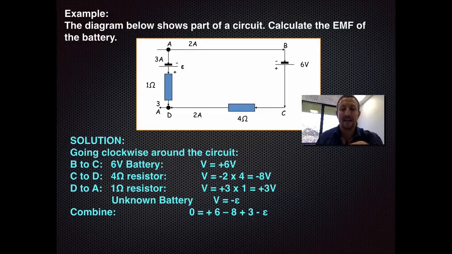I write down exactly what I've got. From B to C, I've got positive 6. From C to D, I've got negative 8. From D to A, I've got positive 3 and negative epsilon. All I now have to do is rearrange it, take epsilon to the other side and solve, and I make out that epsilon has a voltage of 1 volt.